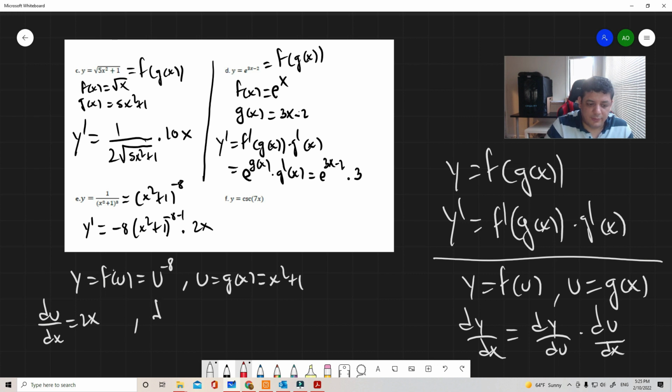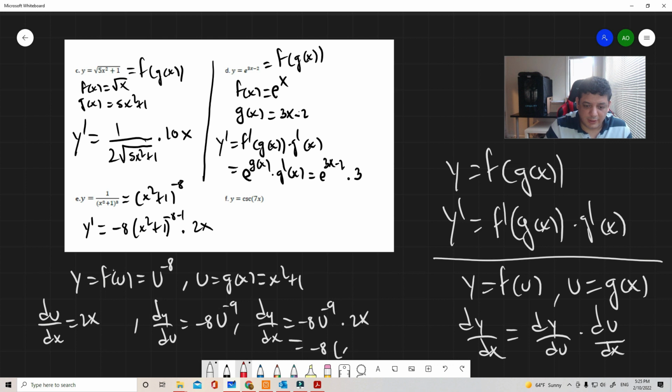And if I do dy/du, that is going to be minus 8 u to the minus 9, right? And so calculating dy/dx, which is the derivative, is the product of these two things, dy/du times du/dx. So this is minus 8 u to the minus 9 times 2x, or minus 8 times x squared plus 1 to the minus 9 times 2x. So by either of the two approaches, I reach the same conclusion.